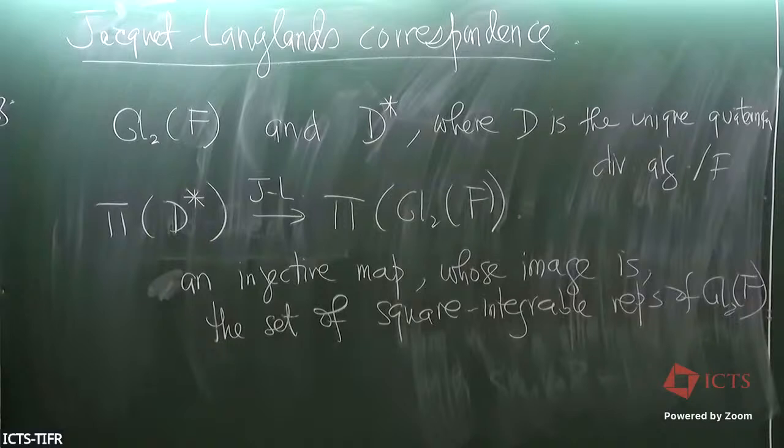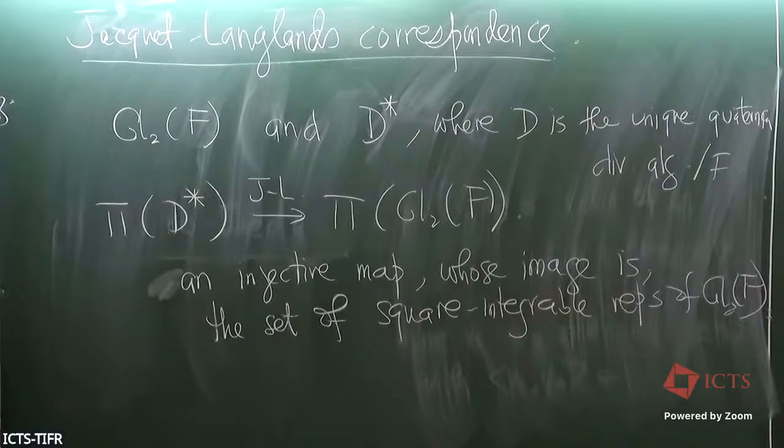More precisely, if instead of GL2 we look at PGL2, then PGL2 has two inner forms, PGL2 and PD star. These are two pure inner forms, and the disjoint union of their representations will be related to the component group there.